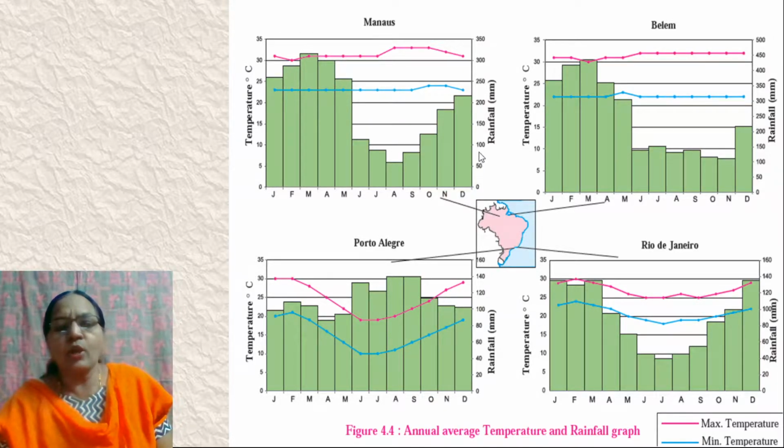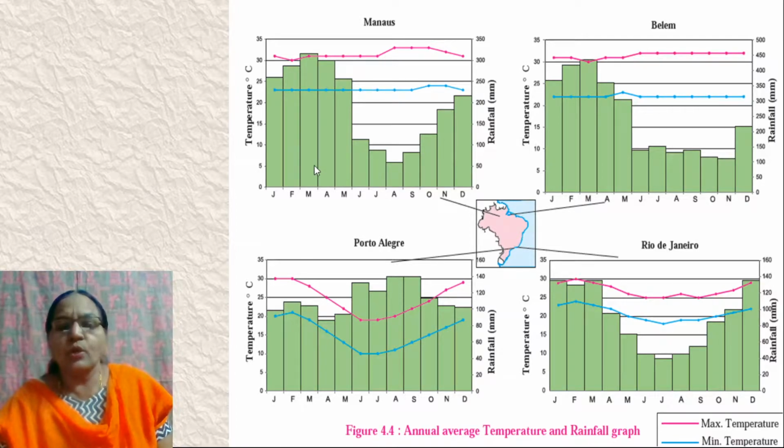On the right hand side we have rainfall in millimeters. Then what about this line? The red line indicates the maximum temperature and the blue line indicates the minimum temperature. Rainfall is drawn as a histogram.